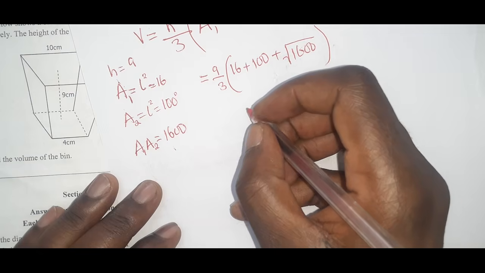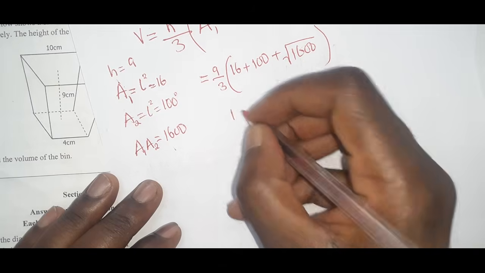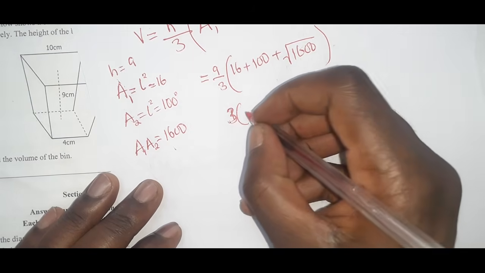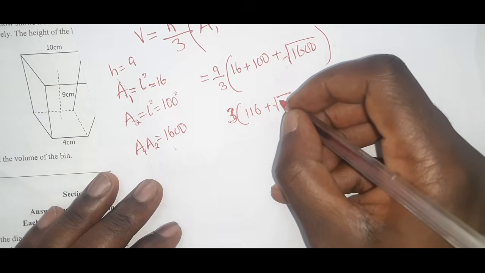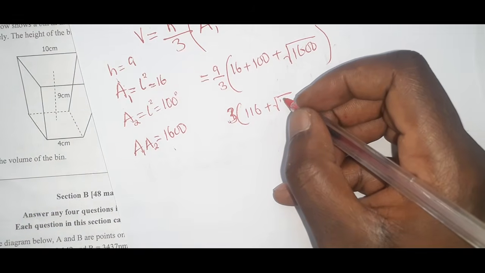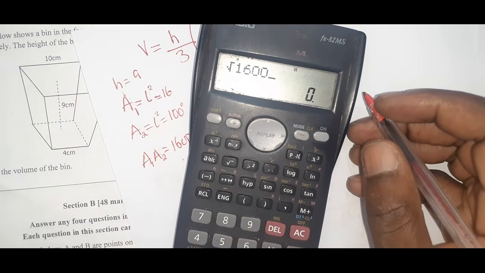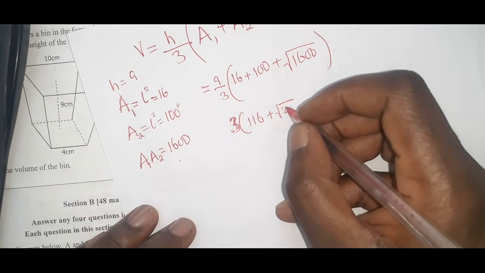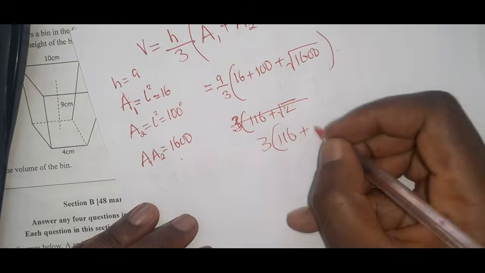So this is the same as what? What are we going to get here? This is going to give us 3. What do you get when you add this one? Then you can find the square root of this. You find the square root, what do you get? 40. Then 116 plus 40.